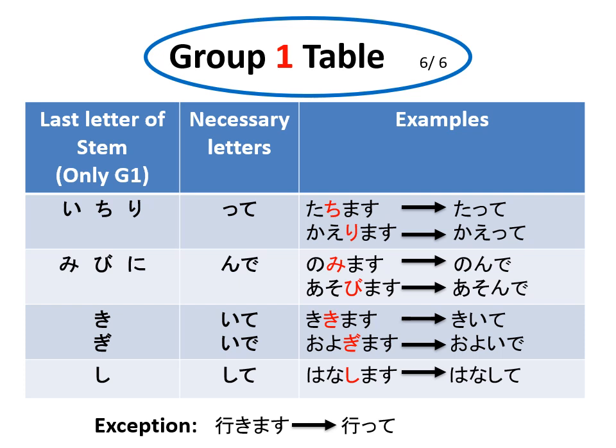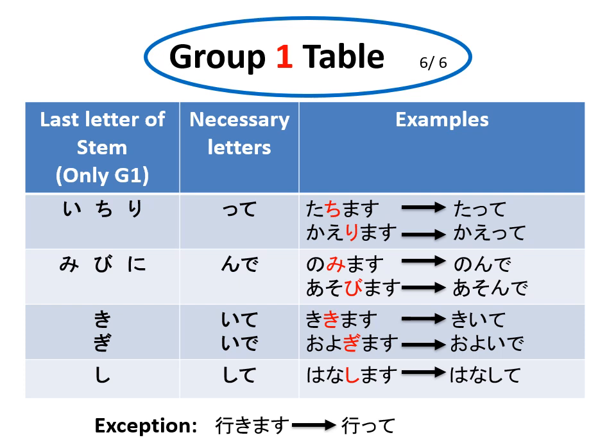If a Japanese group 1 verb has the last letter of the stem as i, chi, or ri, for example, tachimasu has chi. Remember you have to remove the last letter, tachi. So now you've got only the letter ta, and add the necessary letters to the remaining stem. So tatte is the right te form of tachimasu, to stand.